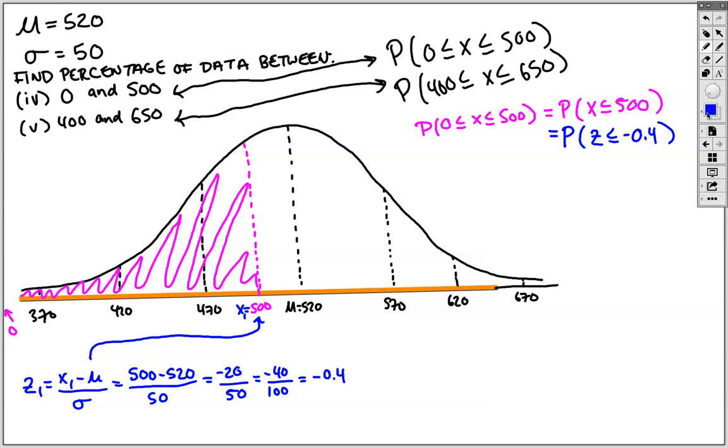Okay, so what does that mean? If this is a normal curve, and I'm going to draw a standard normal curve here, then we standardize it. I'm going to do this on the next page. So here is a standard normal curve.